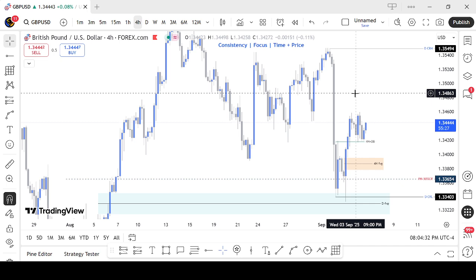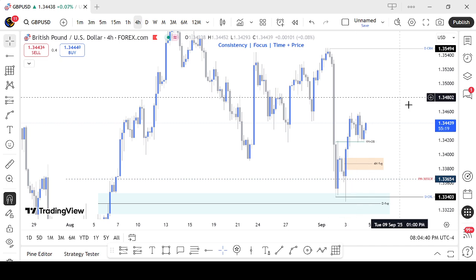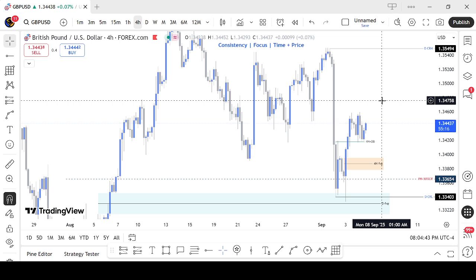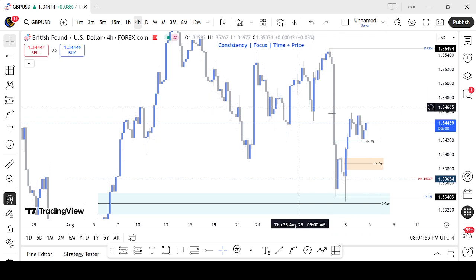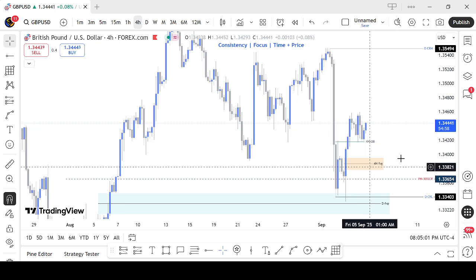You can wait and take a reasonable trade. 20, 30 pips is enough if you know what you are doing. You don't need to be risking or expecting 100, 200 pips just to feed your pleasure. But we are not here for this market to feed our pleasure. So this is basically what it is.